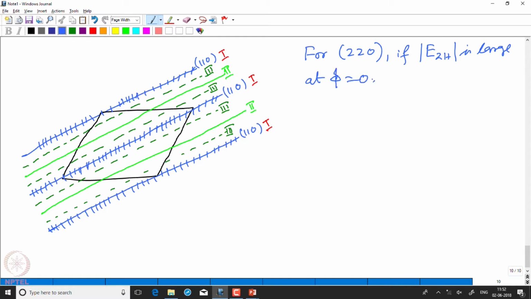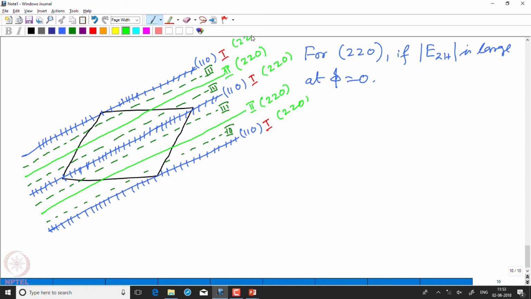So what are the 2 2 0 lines? The 2 2 0 lines are now the lines which are marked as green, the number 2. And eventually this middle line also becomes 220 as well, and so on.